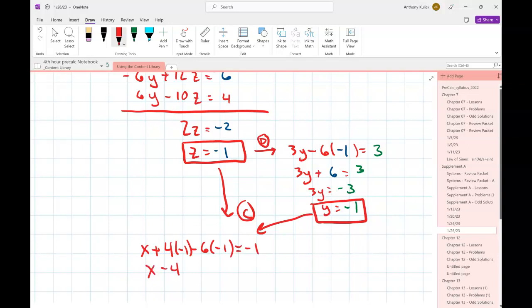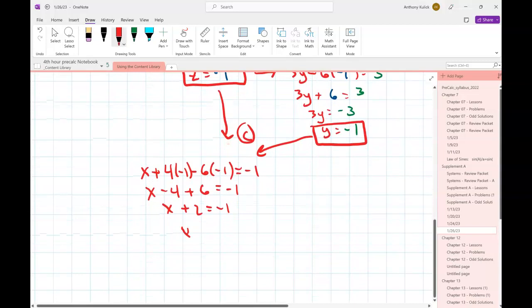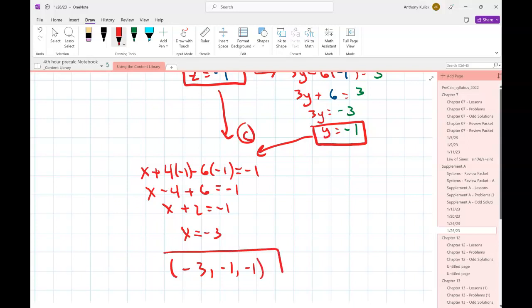So x plus 4 times negative 1 is negative 4, minus 6 times negative 1 is plus 6, equals negative 1. So x plus 2 equals negative 1. So x equals negative 3. So I think that should be it.